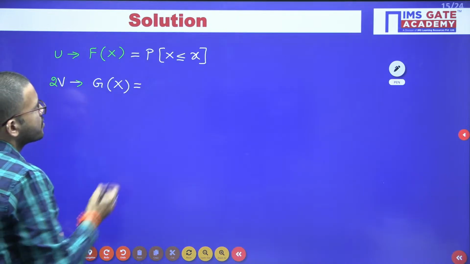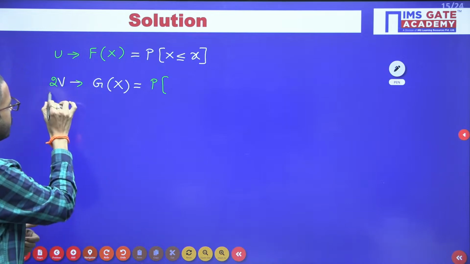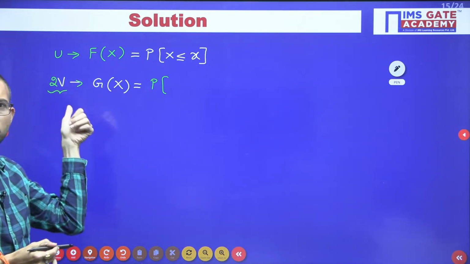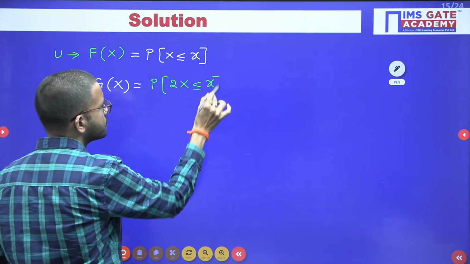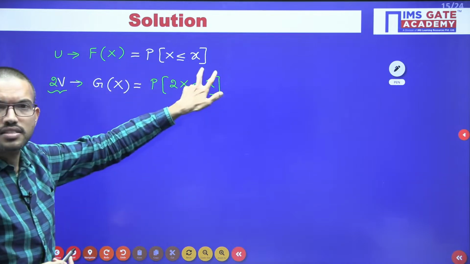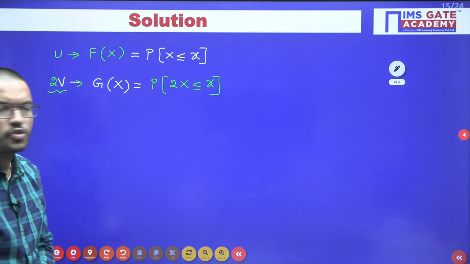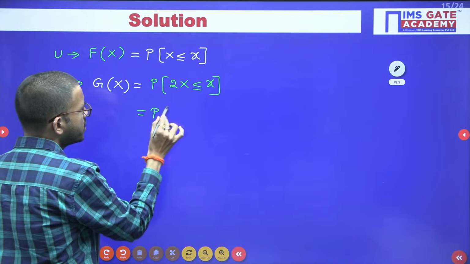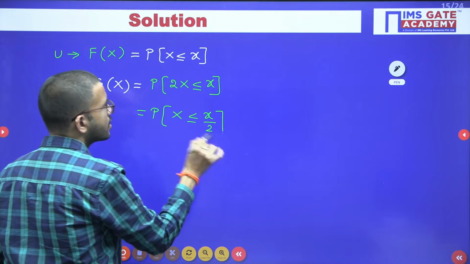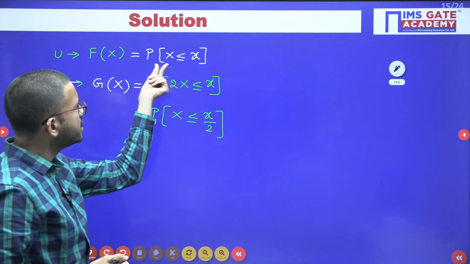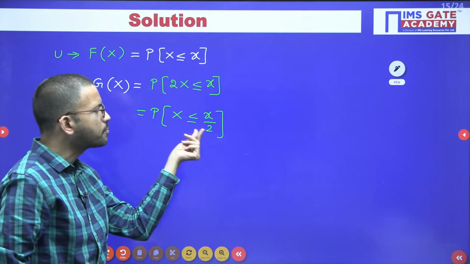Now if you observe, here you have the random variable 2V, right? So G of x is the probability of 2V less than or equal to x. In general it will be like this, but since you have 2 times V, in place of capital X you can consider 2V. So from here you can write probability of V less than or equal to x by 2. You can observe that for this random variable you have values up to x, whereas here you have values up to x by 2 only.